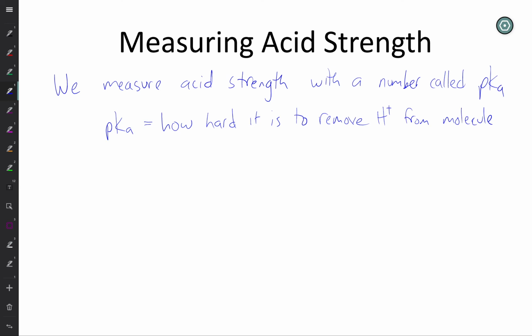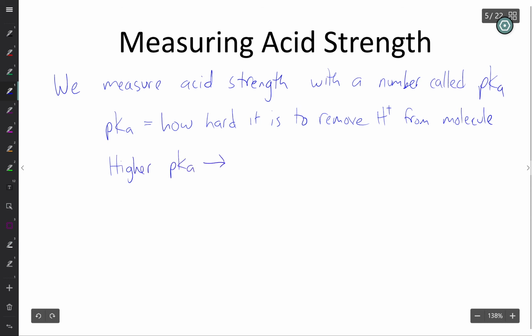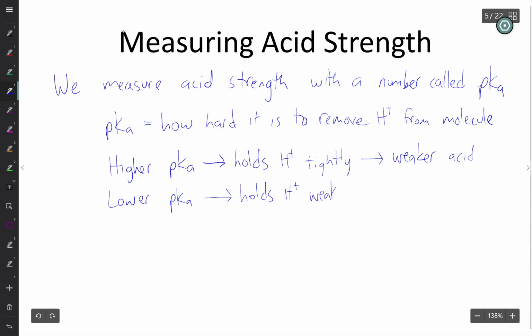A high pKa won't give away H plus easily, which makes it a weak acid. So a higher pKa means a weaker acid. And a lower pKa means it holds H plus weakly. And if it holds H plus weakly, that means it's very willing to give away H plus, which makes it a stronger acid.